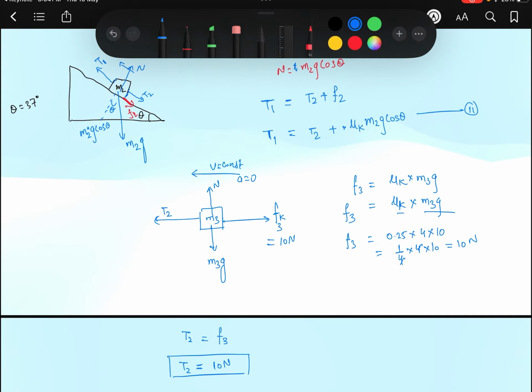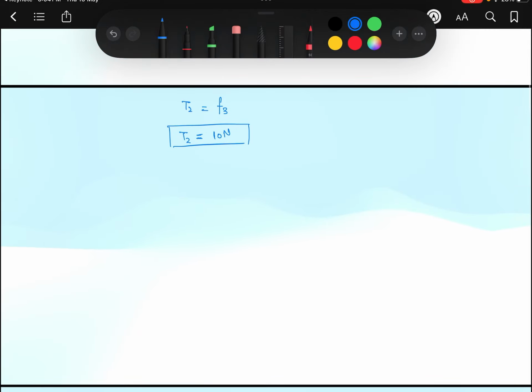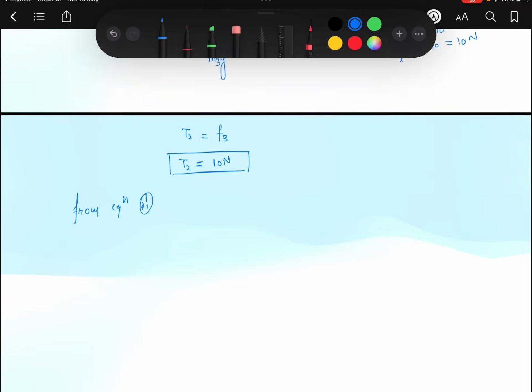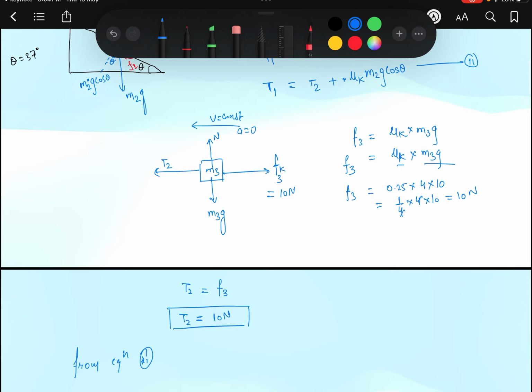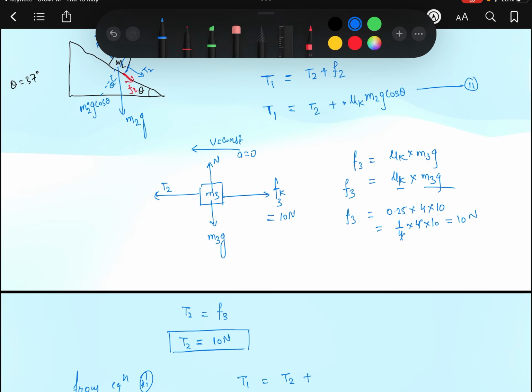Now if I come to equation number 2, if I write from equation number 2, T1 is equal to T2 plus mu k m2g cos theta.